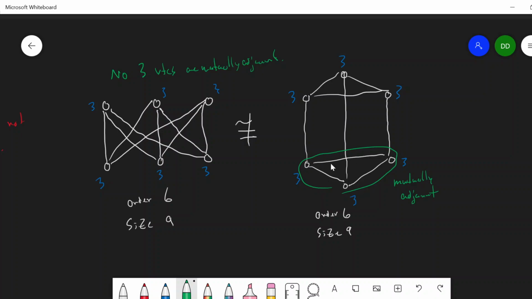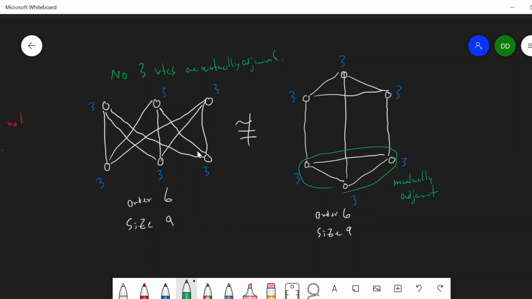If these three vertices are mutually adjacent, and I'm trying to find a bijective function over here, since that isomorphism has to preserve edges, these three vertices that are mutually adjacent over here have to be mutually adjacent over here. Since this doesn't have any three mutually adjacent vertices, there's nothing for this group of three to be sent to. So there's no isomorphism that can exist between these two graphs.